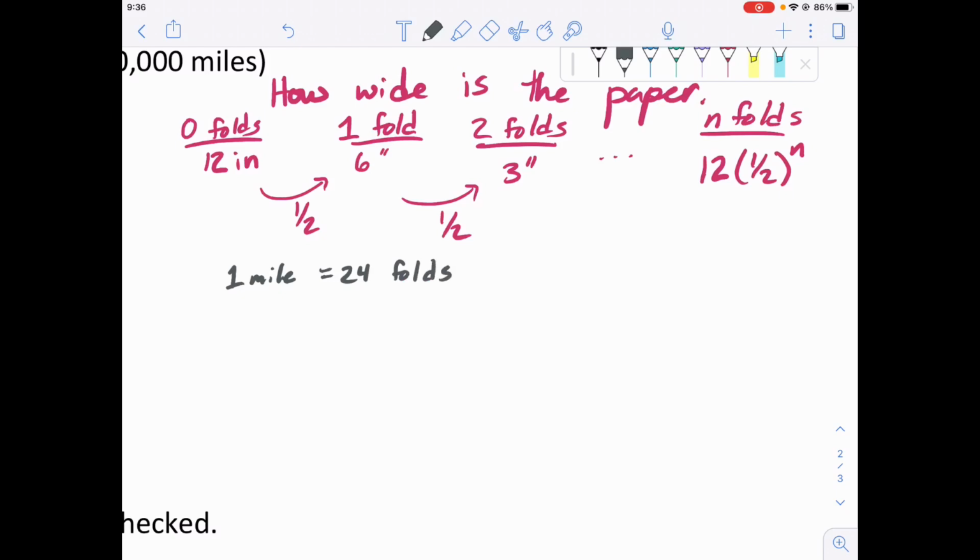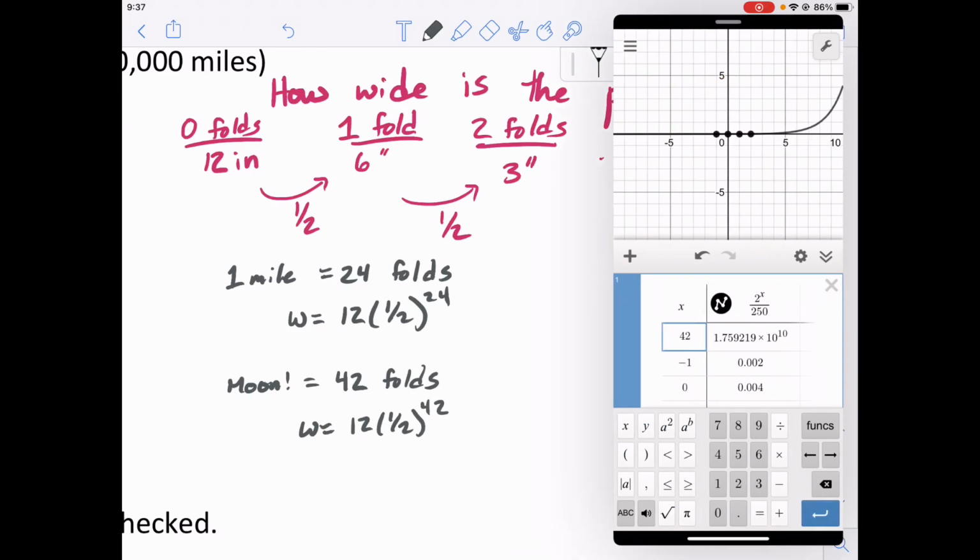So how wide is it going to be? That's going to be 12 times 1/2 to the 24th. And then when we go to the moon, that makes 42 folds. And we get 12 times 1/2 to the 42nd. Well, let's look at what those numbers are.